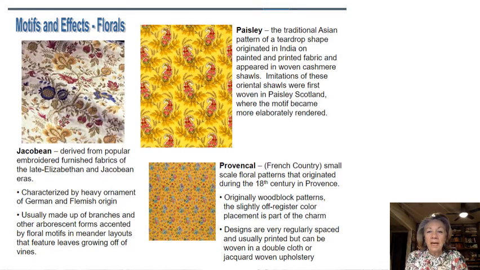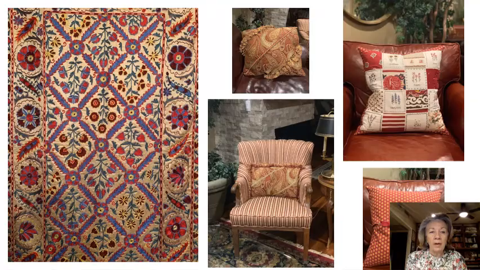So my next slide is going to show my adaptations of these. We talked about fabric that imitates embroidery. And we talked about paisleys. I wouldn't necessarily call them florals, but all the textbooks show them as florals. And we talked about paisley shawls, and these paisley fabrics are most often in bright primary colors.